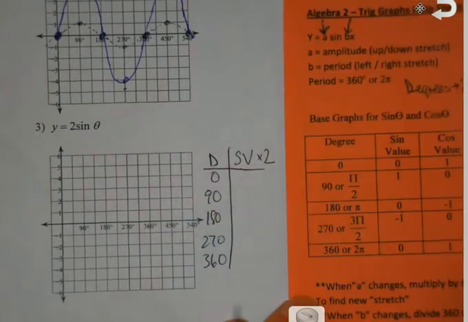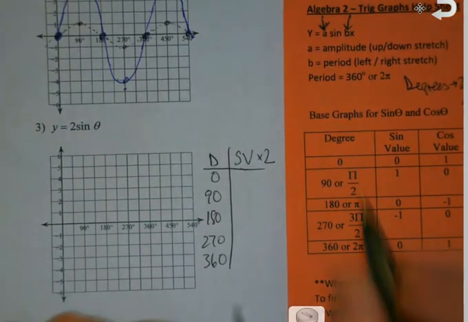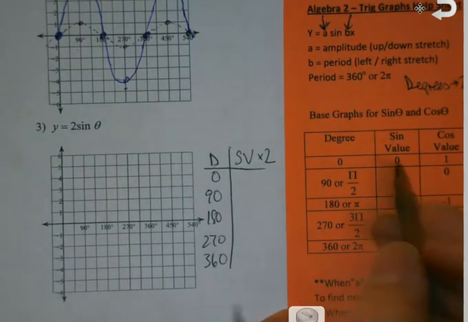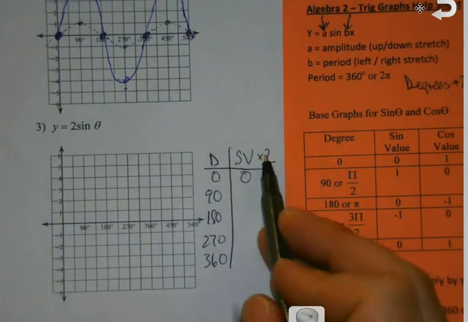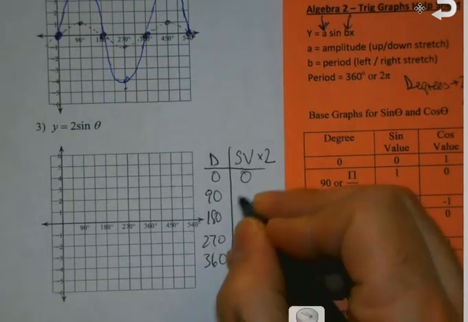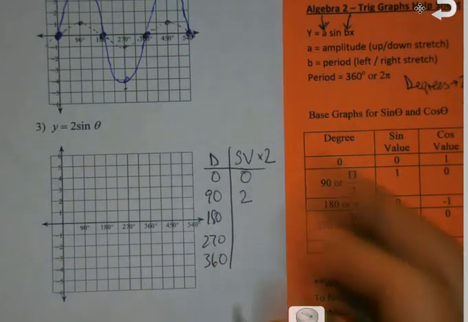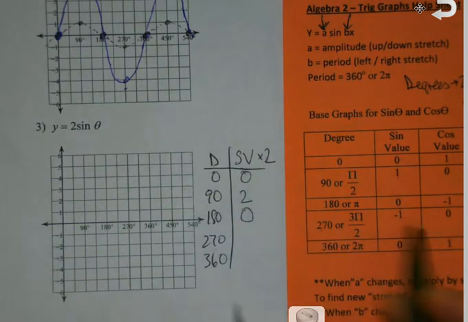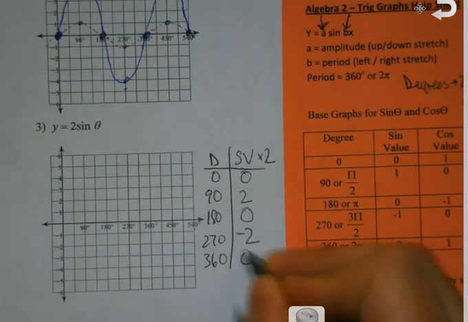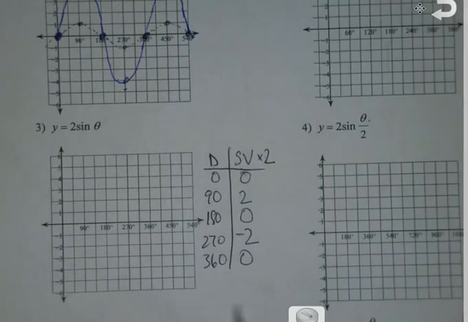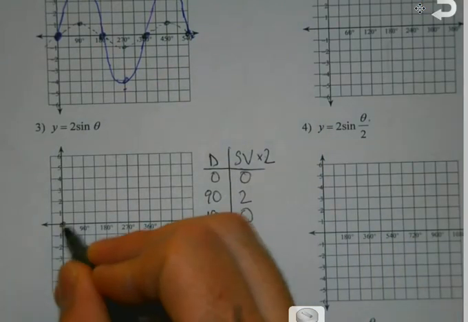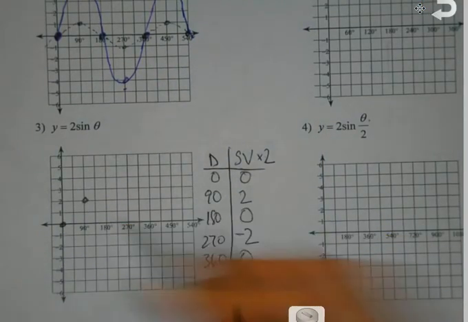So I pull my little chart back up and I go, okay, so let's see. 2 times 0 is 0. 2 times 1 is 2. 2 times 0 is 0. 2 times negative 1 is negative 2. 2 times 0 is 0. And then I wouldn't have to do both. I would just plot the points that I have here.